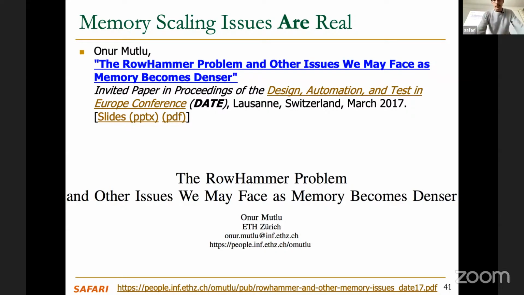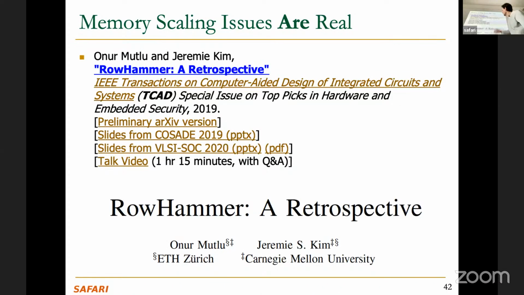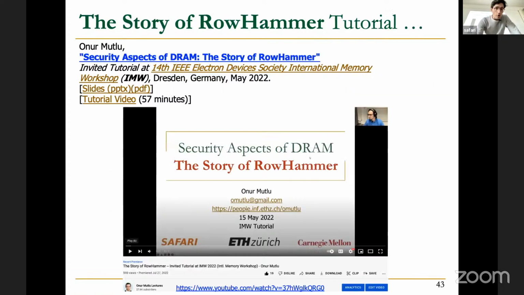You can check this paper from 2017 or this more recent retrospective published in 2019, or you can also watch some of the lectures that Professor Mutlu has delivered and delivers from time to time about RowHammer.